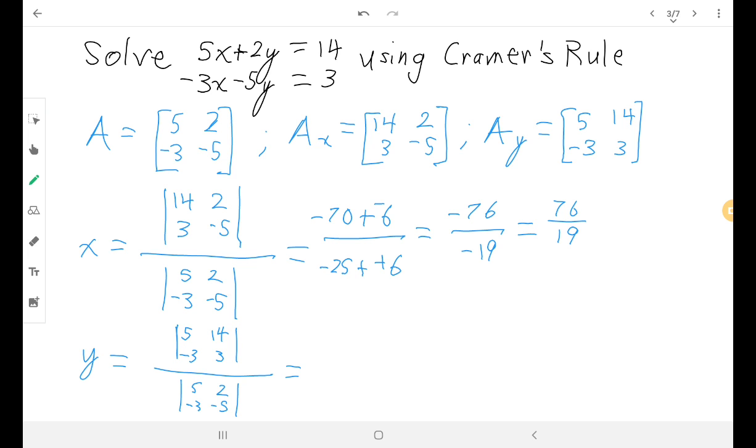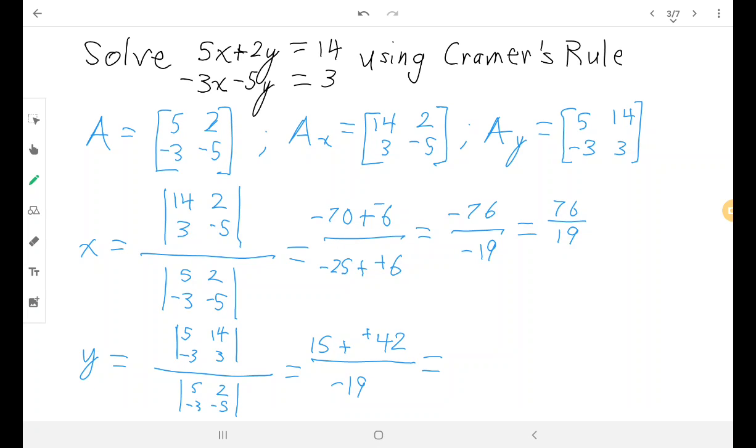Okay? So that would be 15 minus -3 times 14, which is 30, plus 12 is 42. So change that to the opposite, plus the opposite. And then we already know the determinant of the other one is -19 from above.